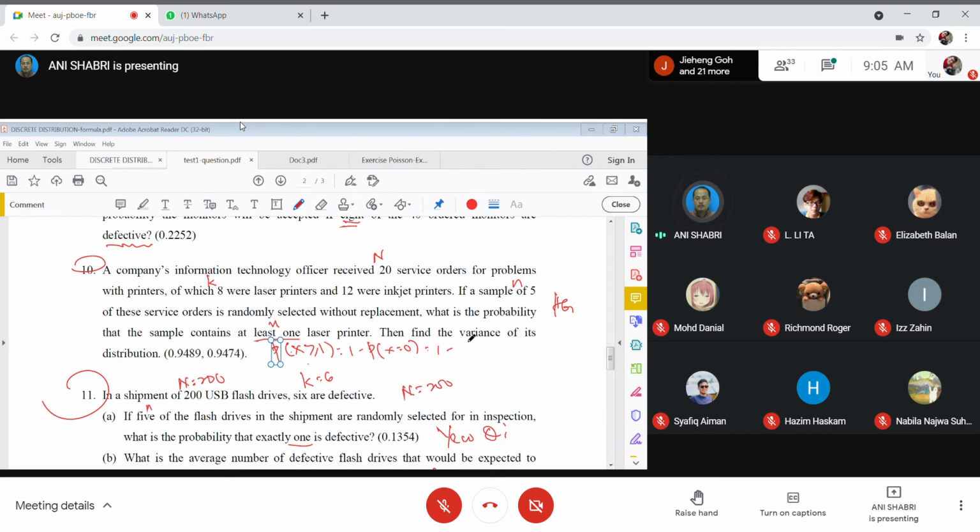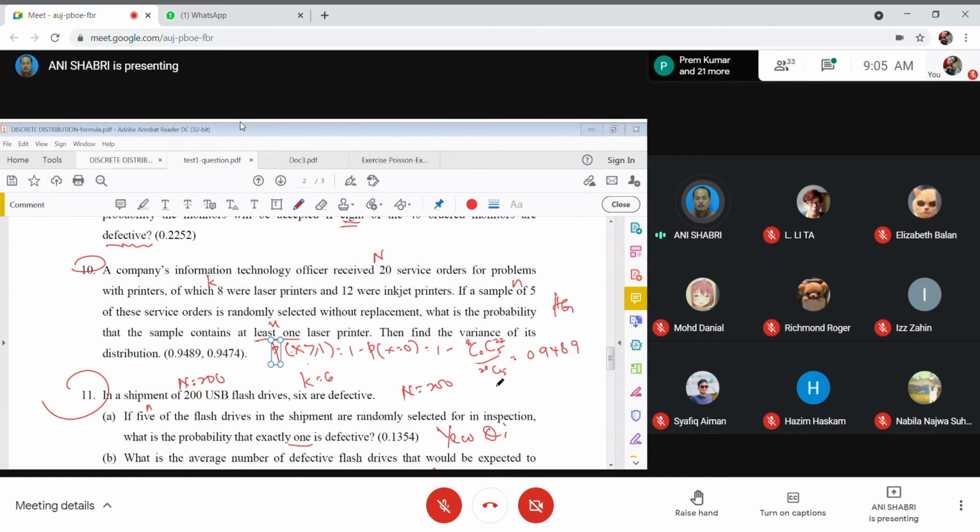Using the formula, we can get the answer 0.948.